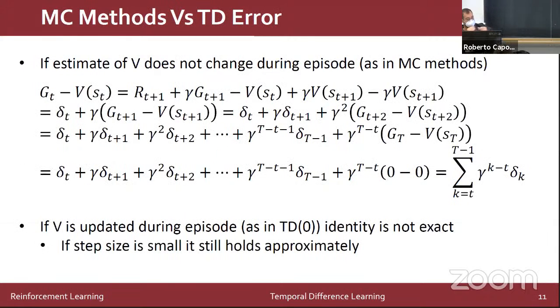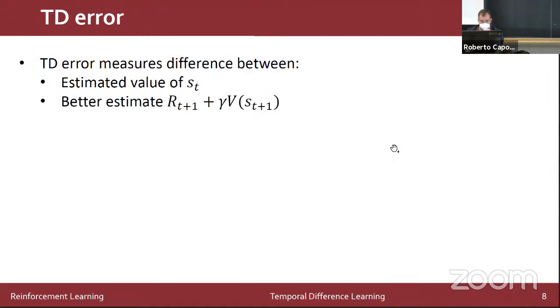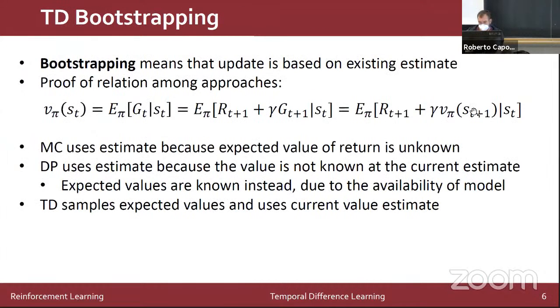Now, don't get scared by these formulas. This is just showing you that if the estimate of V doesn't change during one episode, basically doing Monte Carlo and temporal difference is the same thing. And this is quite obvious, even if you don't look at this formula. Why? Because we said that V is just the expectation of G. And if we don't update V for a full episode, it's like we're using G, right?